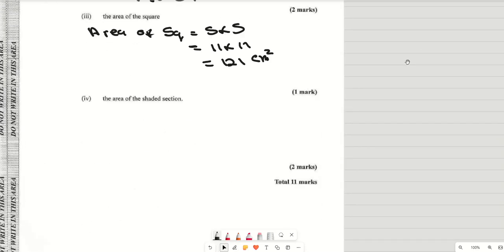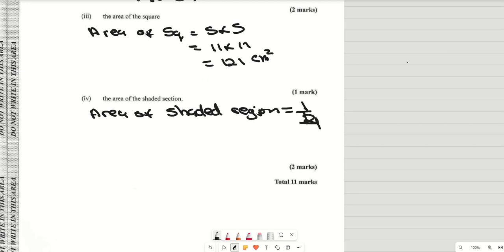What I mean by that is, first off, the area of the shaded region is equal to a quarter multiplied by the area of your circle minus the area of your square.